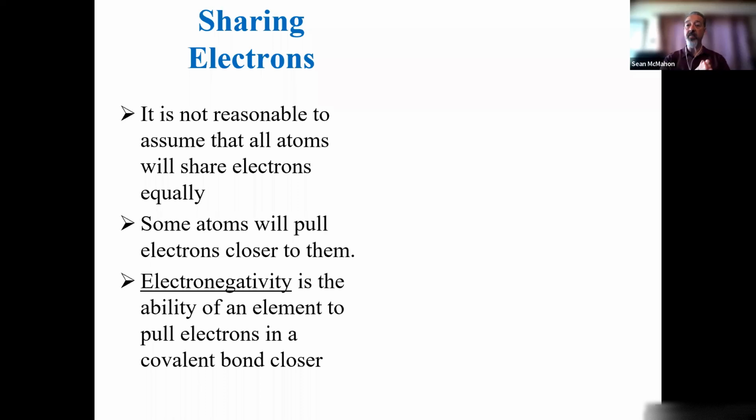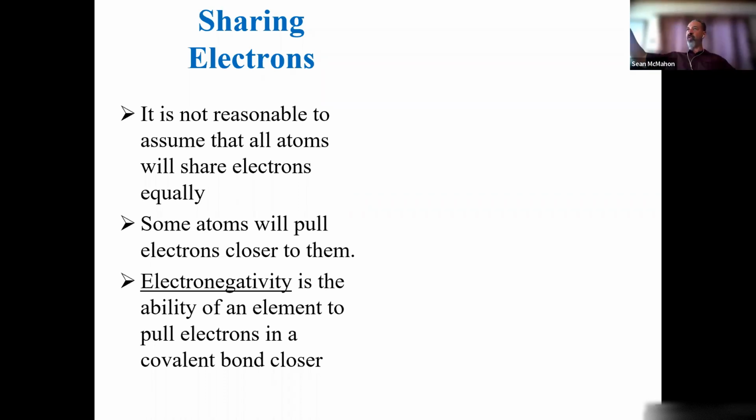Well, here's another periodic trend. In chapter 4, we talked about the periodic trend of atomic radius, the basic size of the atom, based on the number of energy levels and orbitals. We talked about the periodic trend of ionization energy. How hard is it to take away an electron from an atom? Well, as the atom gets bigger and the valence shell is further from the nucleus, it's easier to take that electron away.